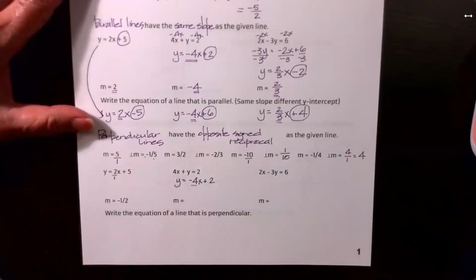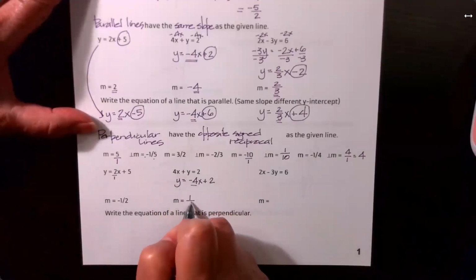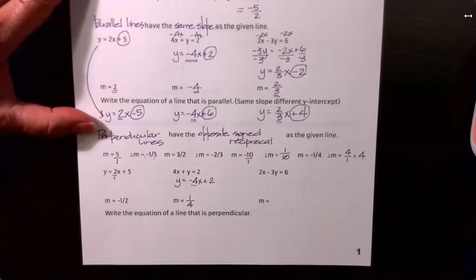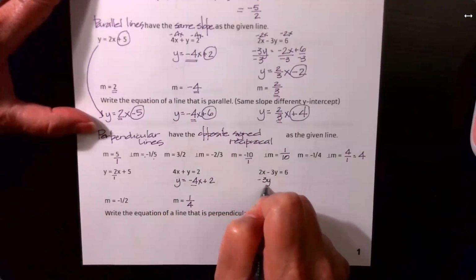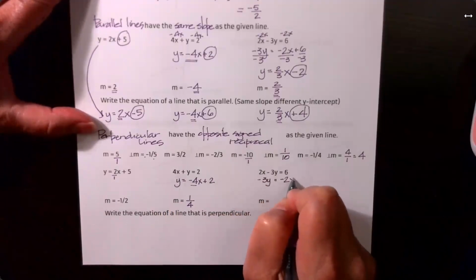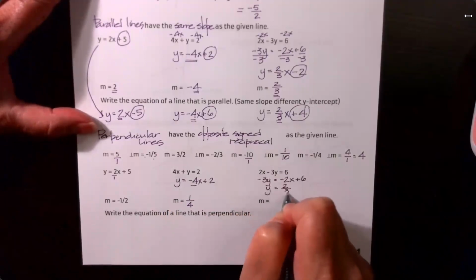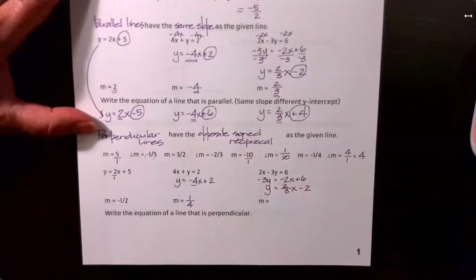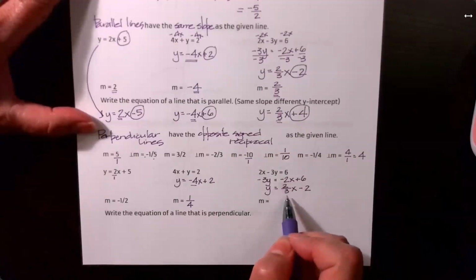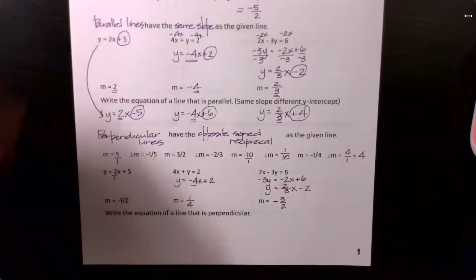So the opposite of that is going to be positive, and the reciprocal of 4 is simply 1/4. Again, we need to write this in slope-intercept form. Get y equals 2/3 x minus 2. Since the slope is 2/3 and it's positive, my perpendicular slope is going to be negative, and the reciprocal is 3/2.